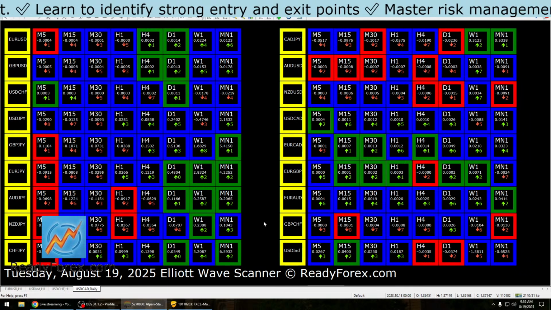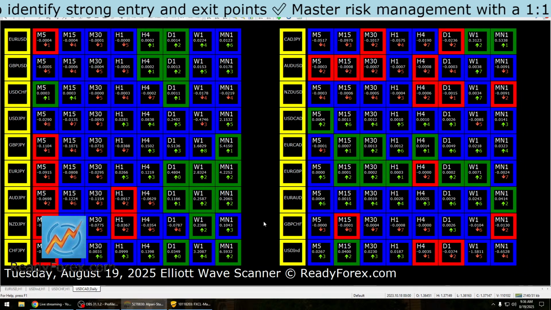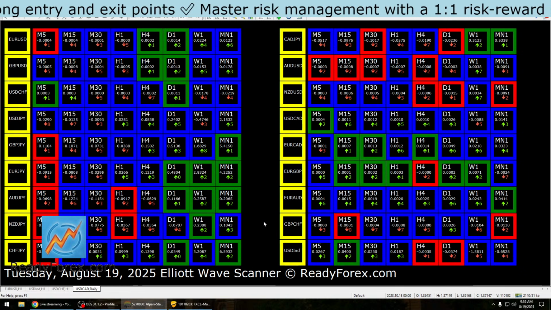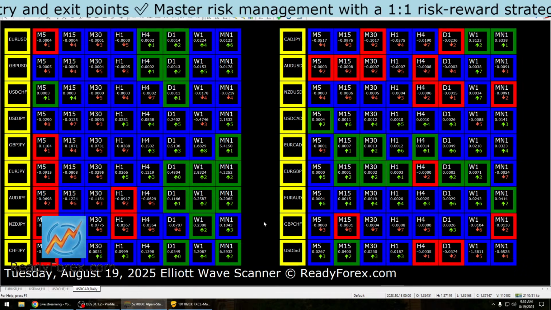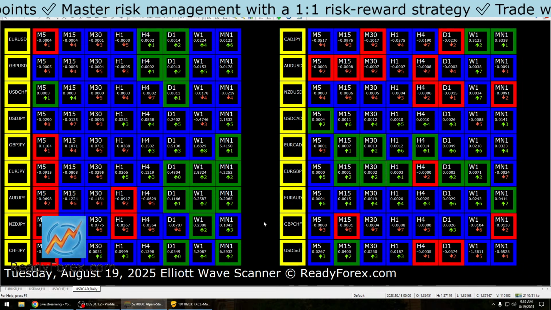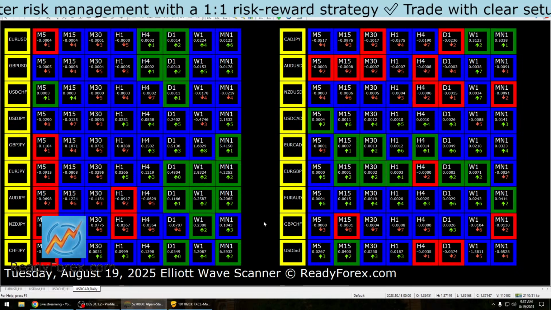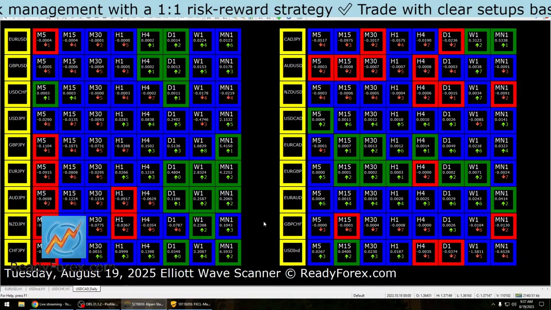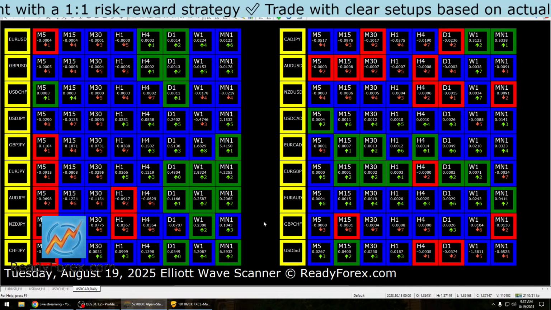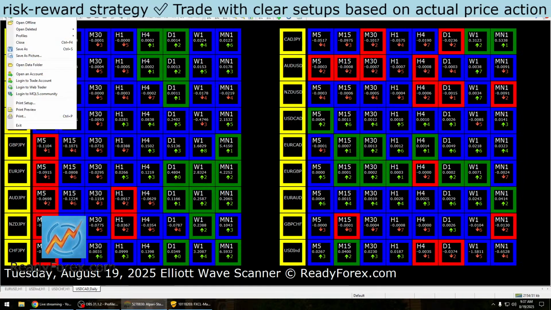NZDUSD is also falling down, and the USDCAD looks bullish. The USD Swiss franc is slightly bullish, not much bullish. So there's a high probability that the euro dollar is going to rise up from current levels. But we need a pattern over here first.